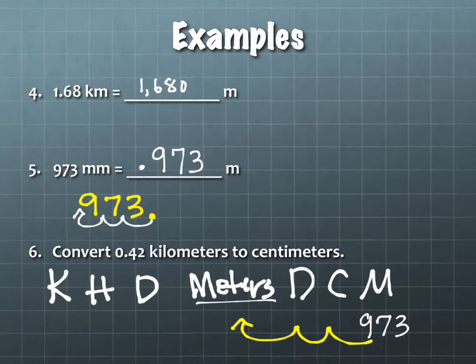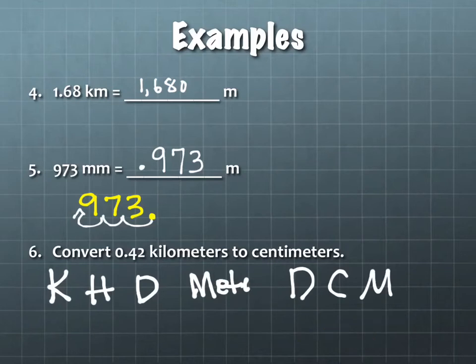The last one on this slide is 0.42 kilometers. So we have 0.42, and it wants me to turn it into centimeters. So centimeters is way over here. I'm going to count like I did on the last one, but if you would like to move them one step at a time, you're certainly welcome to.